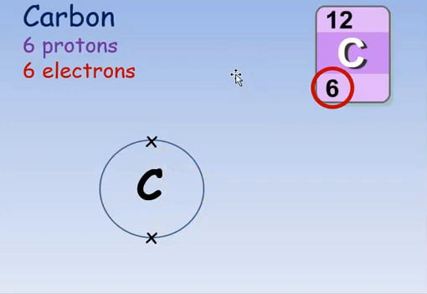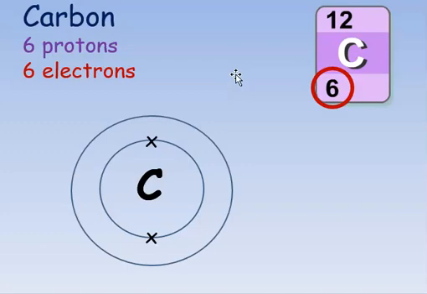It's 4. So 4 electrons are still left. So we need to draw a second shell, and we're going to put the 4 electrons that we have left into the second shell. Again, we are going to put them as far away from each other as possible. Now we have used all of the 6 electrons, and we have drawn the electron configuration of carbon.